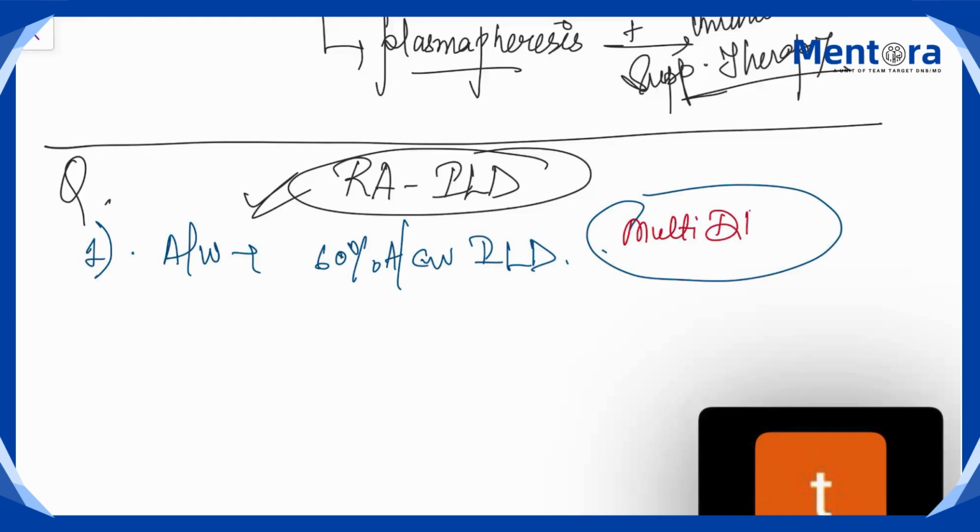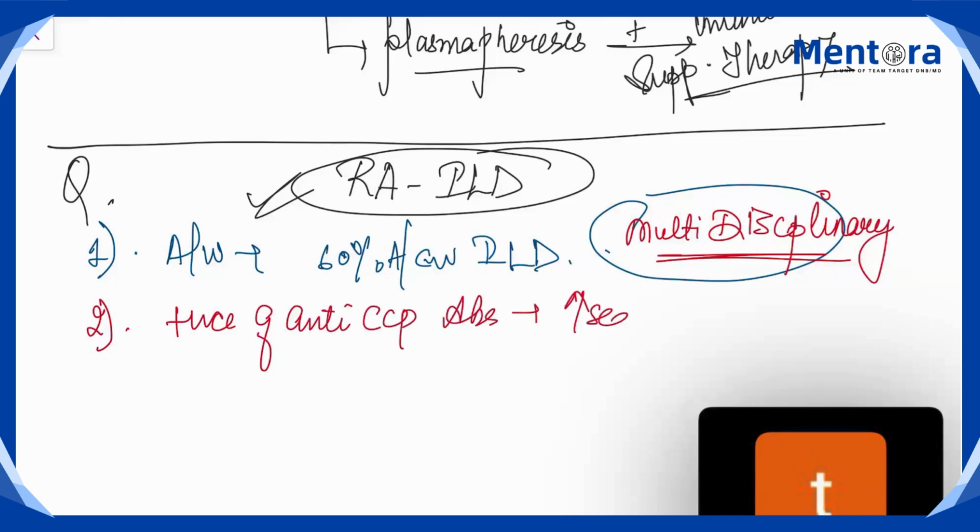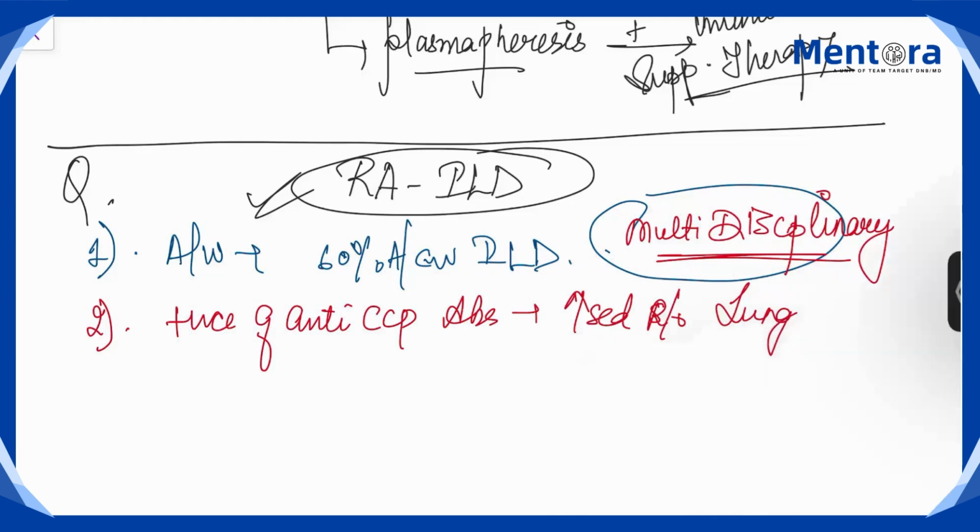A rheumatoid arthritis patient will be treated by a rheumatologist plus a pulmonary medicine physician also. If there is presence of anti-CCP antibodies, there is increased risk of lung parenchymal abnormalities.